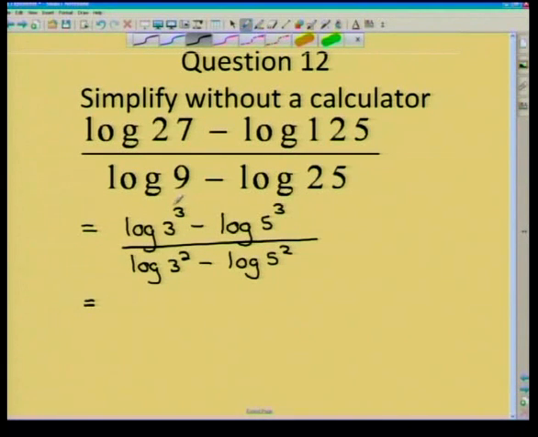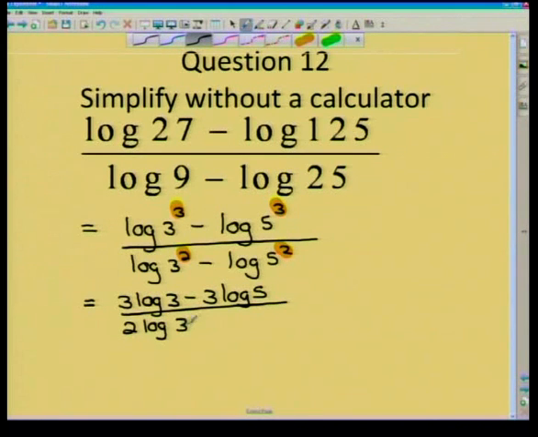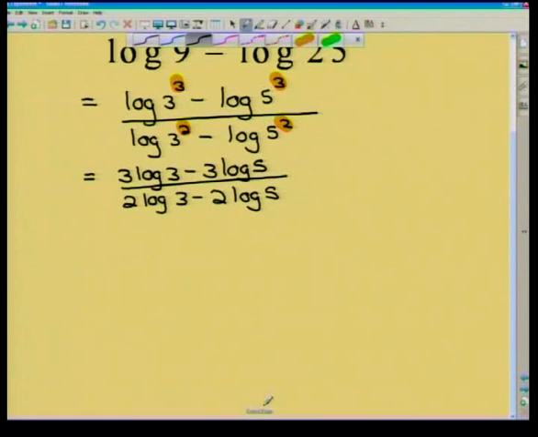Right, from our laws, we know that this exponent can come in front. Remember, there's that rule. You can see it quite clearly. All of those can go in front. So we have 3 log 3 minus 3 log 5 over 2 log 3 minus 2 log 5. And hopefully at this stage you're looking at it and saying to yourself, well, this doesn't look so bad anymore. This looks actually doable.